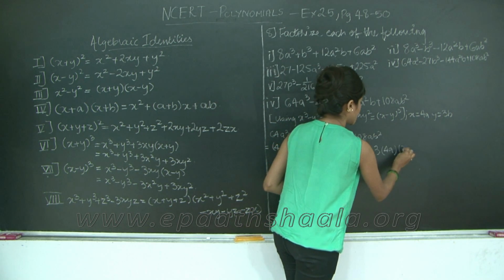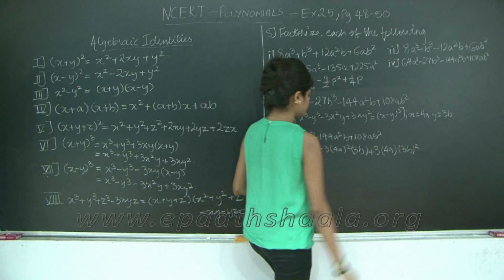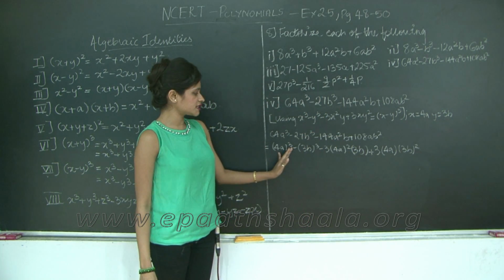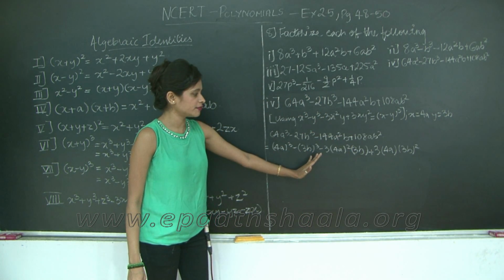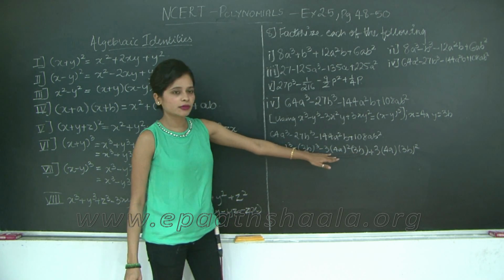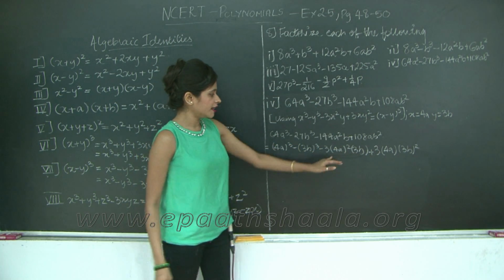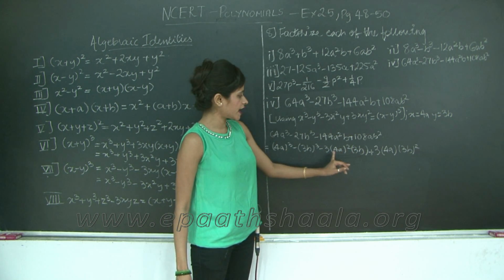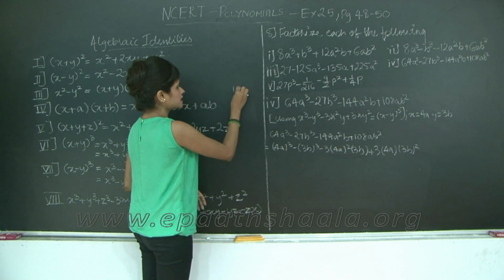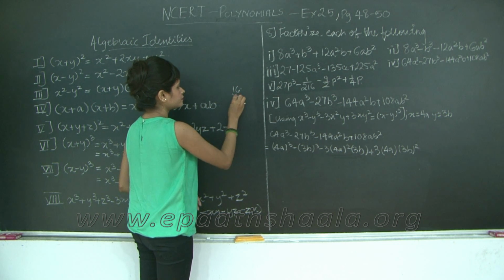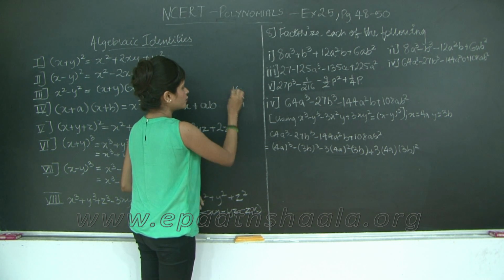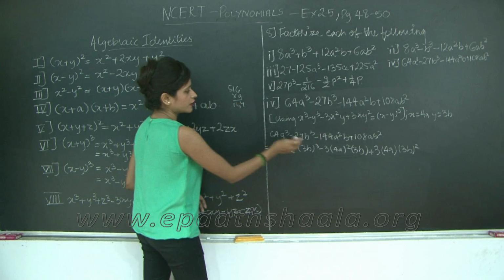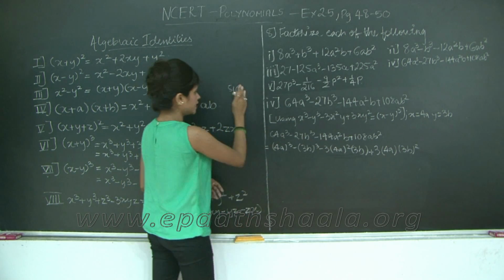So 3b the whole square. So this is going to give me 64a cube and this is going to give me 27b cube. How about this term? Is it giving me 144a square b? Let's check. 3 into 16. So 3 into 16 into 3. So 9 into 16. So 16 into 9. 9 6s are 54. 9 1s are 9, plus 5 is 14. So 144. I have got my 144, right?